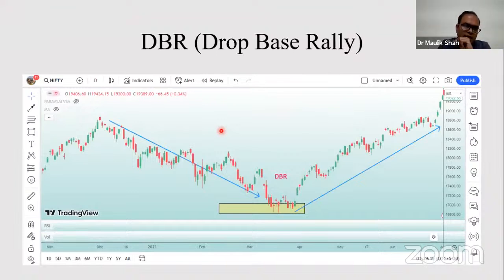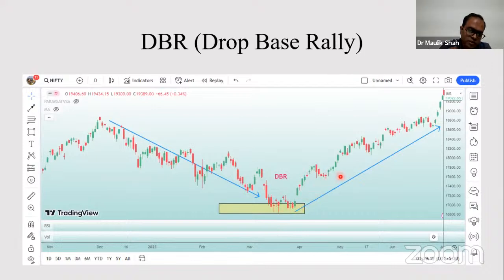Okay, so drop base rally. Again, a Nifty chart, this was the place where we saw the price was moving down, lower low, lower high, lower low, lower high, and then zoom. Over here, a lot of consolidation has happened, and then it started going up. So here it was higher low, higher high, and then this low which has happened is a higher low.